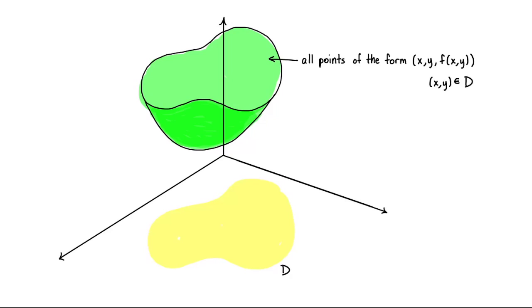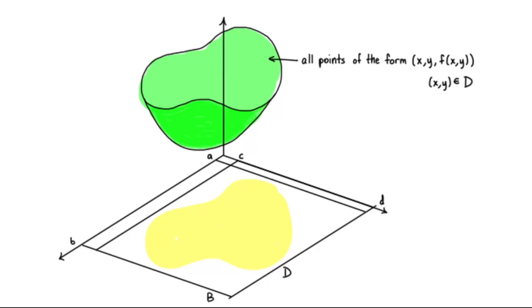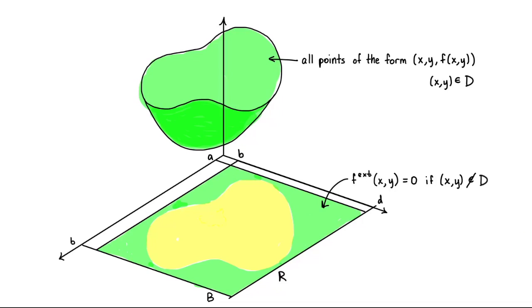Riemann integration was defined over rectangles. So what we do is we take our domain and we enclose it in a rectangle, just like the ones that we saw before. We then extend our function by setting it to be 0 outside of D. So I declare that the value of my function outside of the original domain is 0.